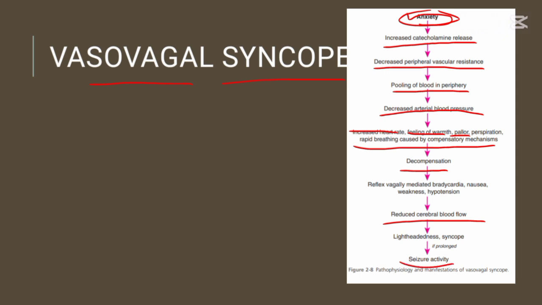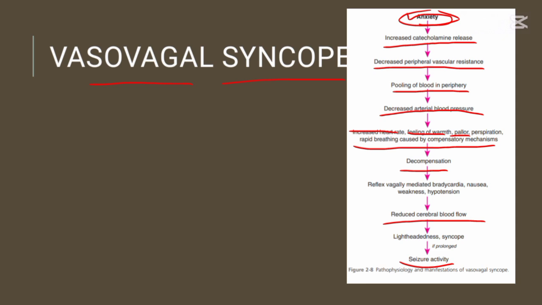Very important point: anxiety, the catecholamines are released. The catecholamines will do what? They will attach to the beta-1 adrenergic receptors of the blood vessels, and there will be vasodilation. So there will be a decreased peripheral vascular resistance. The pooling of blood will occur in the periphery, and there will be a decreased arterial blood pressure. So the patient will have increased heart rate, feeling of warmth, pallor, and rapid breathing, which is caused by the compensatory mechanism.